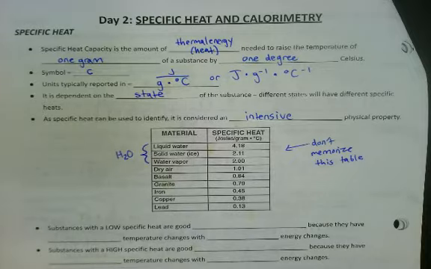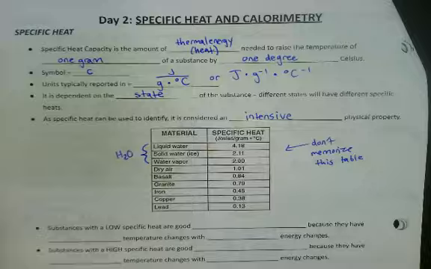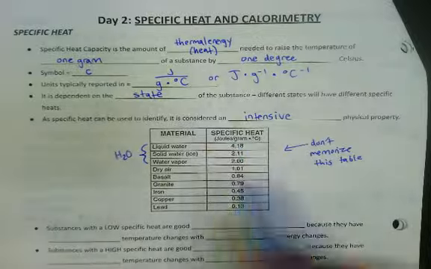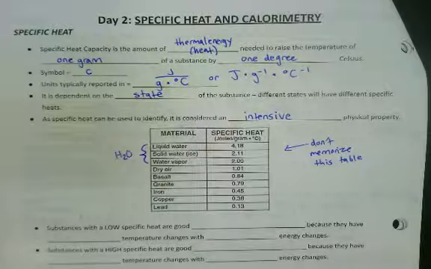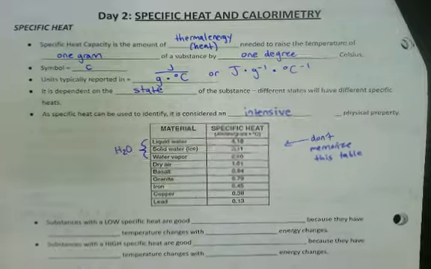But we can solve for the specific heat of a substance and use it to identify that substance, which is actually what we are going to do in our calorimetry lab later this unit. We'll be able to identify specific metals by calculating their specific heat, and then look at a table like this to figure out what our metal actually is. But that is kind of our intro to specific heat, the background information on it.